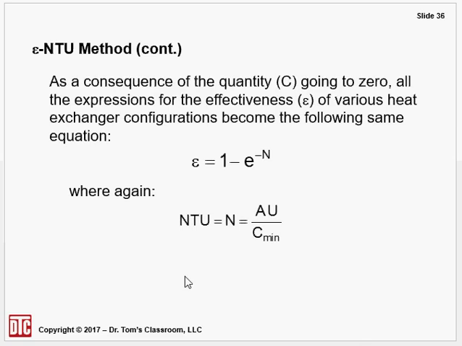Again, the MERM only has parallel and counterflow equations, but in the reference I was using, I think I had 2 tables of equations, and I went through every one of them and put in C as 0, and yep, they all collapsed to 1 minus e to the minus N. It was remarkable. Some of them were really bizarre, but you put in C as a 0, and it just collapses. I didn't give you any examples, but I might want to keep that handy, as they all collapse to that one equation for the boiling and condensing side.